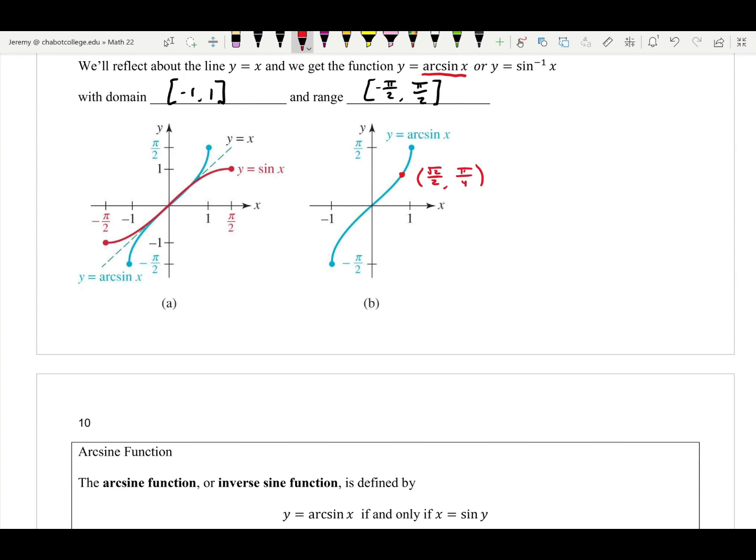Okay, so you might recognize that sine of pi over 4 is equal to root 2 over 2. You probably have that memorized from the first quadrant of the unit circle, or from dealing with right triangles. So that means that sine inverse of root 2 over 2 is going to be equal to pi over 4. Right? So that is why we have that ordered pair root 2 over 2, pi over 4 on the graph of y equals arc sine of x.